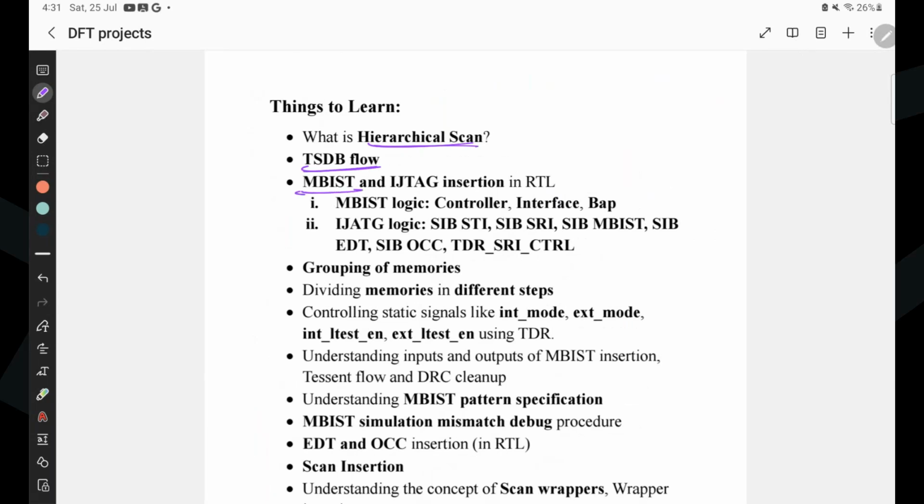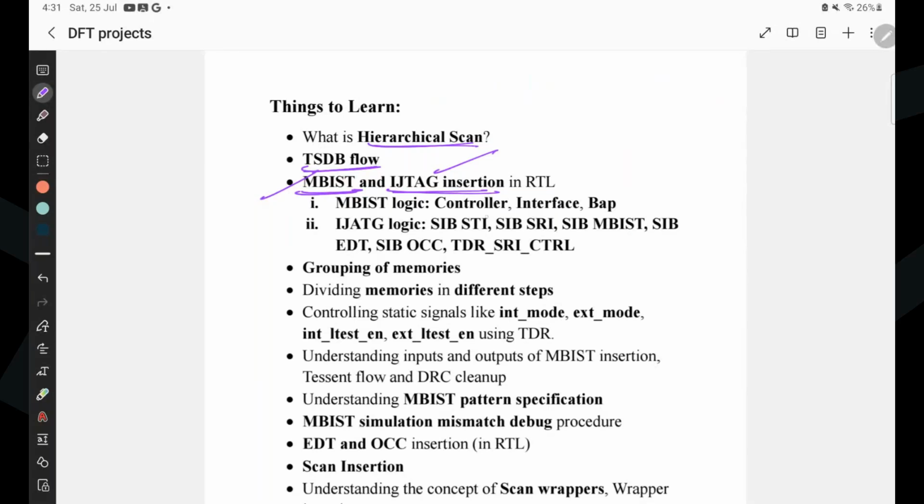We'll be working on MBIST and IJTAG insertion and OCC insertion. All of this comes in level 3 and level 4 projects, but not in level 1 and level 2.